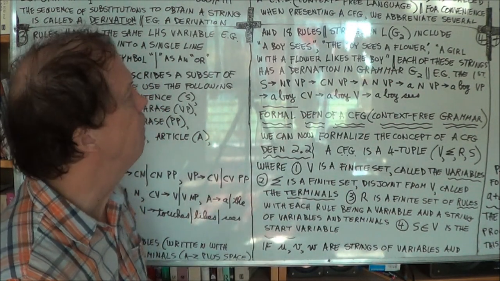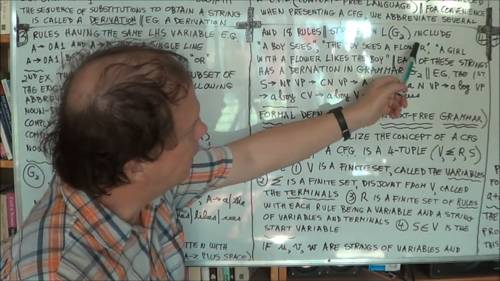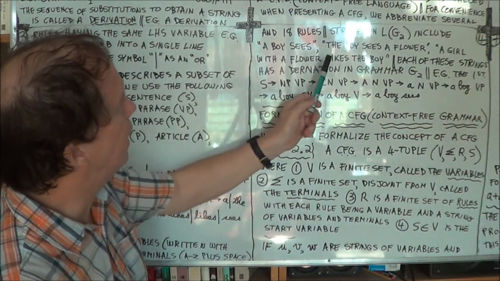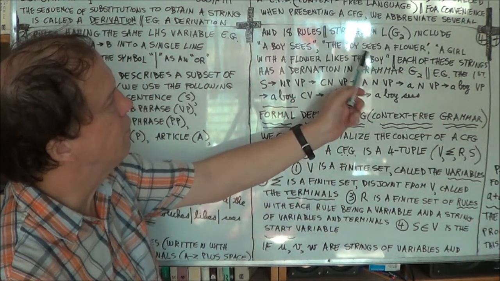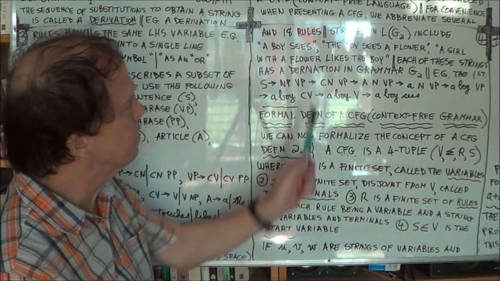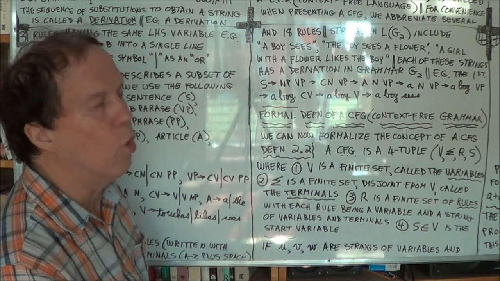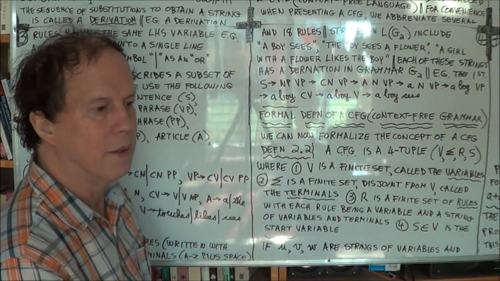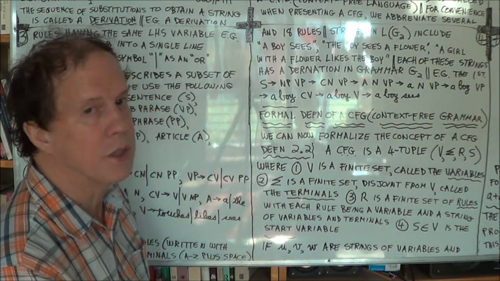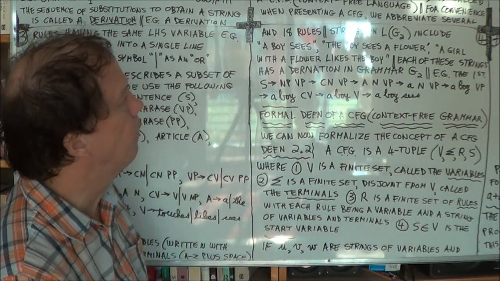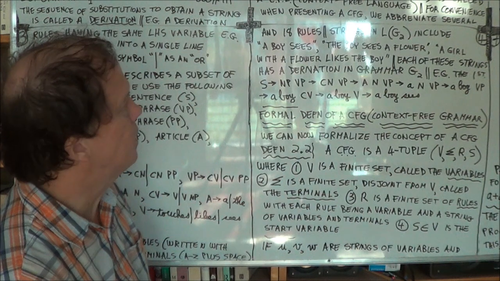A boy sees. The boy sees a flower. A girl with a flower likes the boy, and so on. The whole set of all possible strings like this would be the language L of G2.